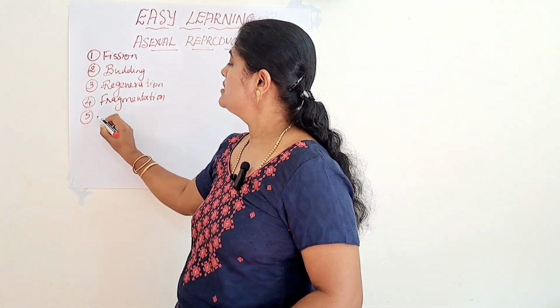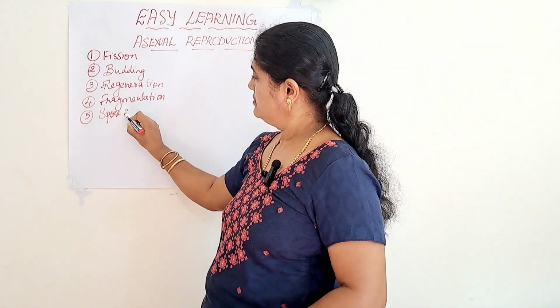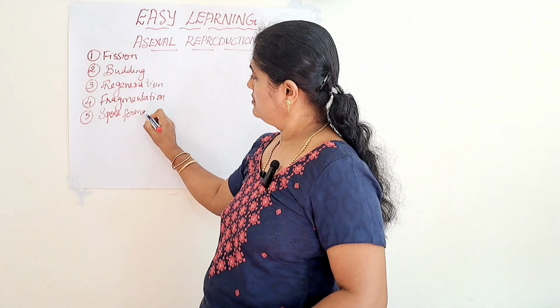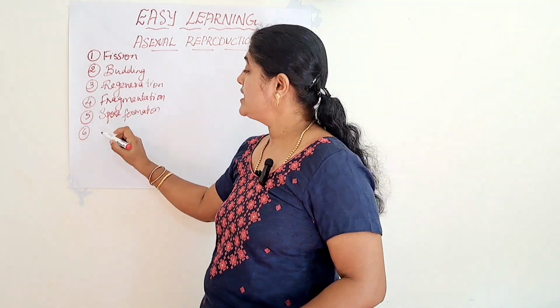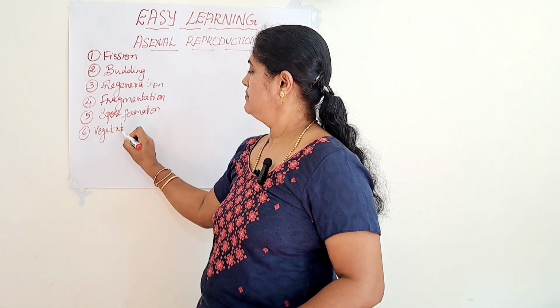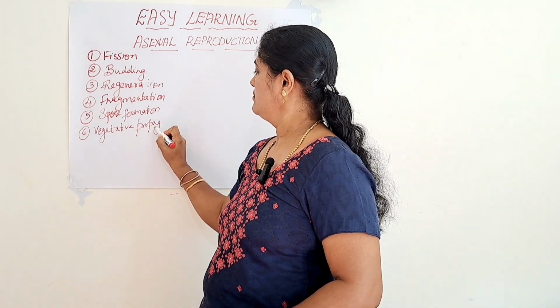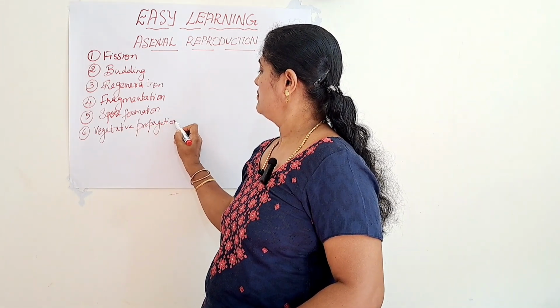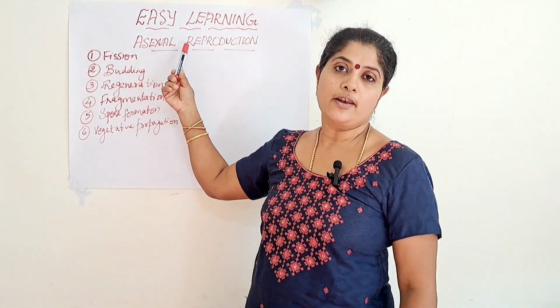Fifth, spore formation. And the last one is vegetative propagation. So these are the 6 methods of asexual reproduction.